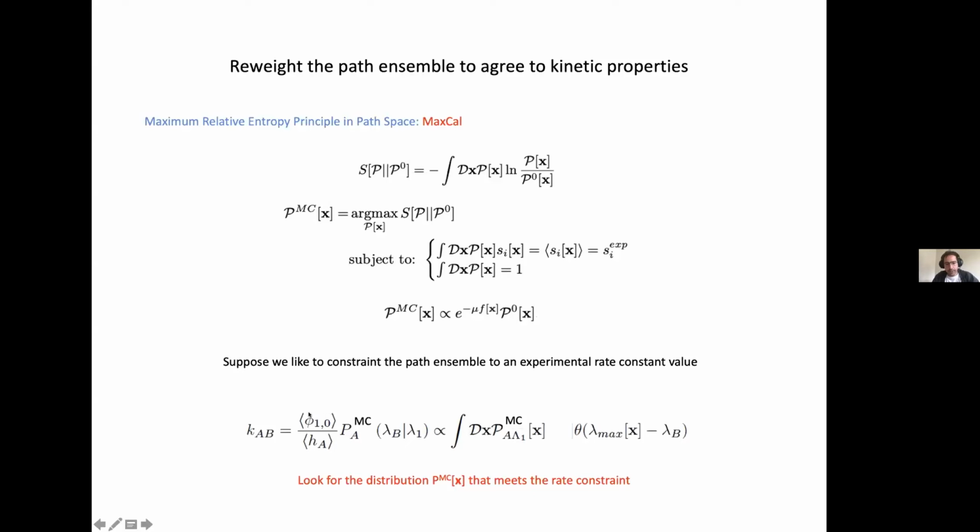Consider the rate constant to go from A to B. This is nothing but the flux out of state A times a conditional probability to reach state B, given the fact that you just exited state A. In our forward model formalism, we forget about the first term, and the second term is this one.